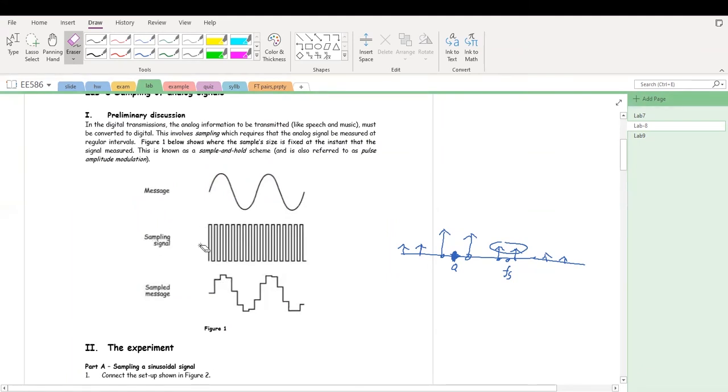So there is a sampling signal, which is a rectangular waveform. At each time instant when the pulse arrives, it takes the value of the continuous time signal. We hold the same value until the next pulse comes in. So this is the sampled signal in the lab by using the sample and hold procedure. In theory, we have this.